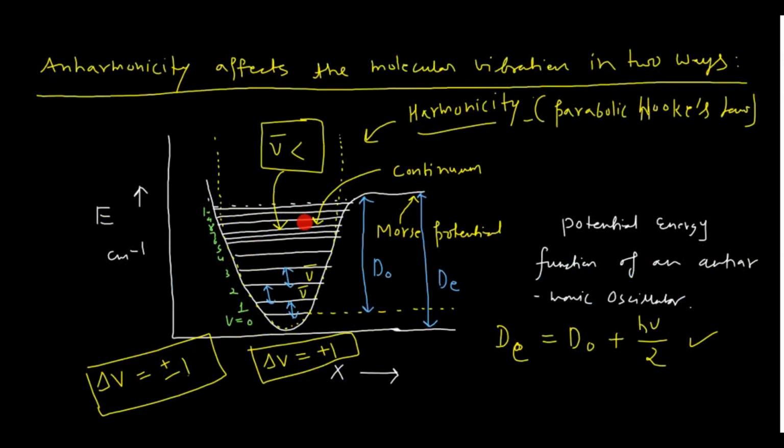It is not like h nu, so of course the value would not be exactly double, but less than double. It is a little less than double for the first transition, and a little less than triple for the second transition, due to the anharmonic character. This is something very important.